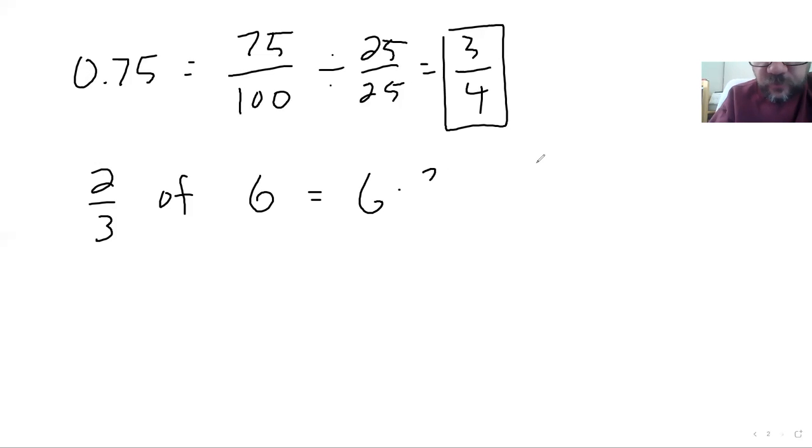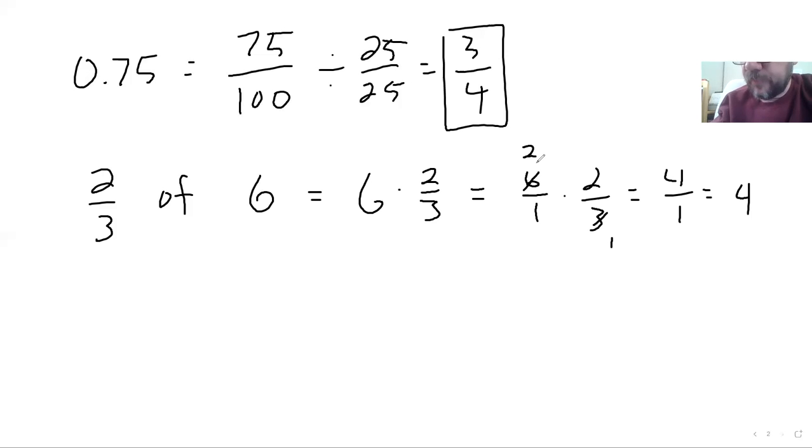That's 6 times 2 over 3, which is 6 over 1 times 2 over 3, which if I cancel, I end up with 4 over 1, which is 4. And that's the easiest way to do it mathematically: if I want something of some amount of something else, the of means times.